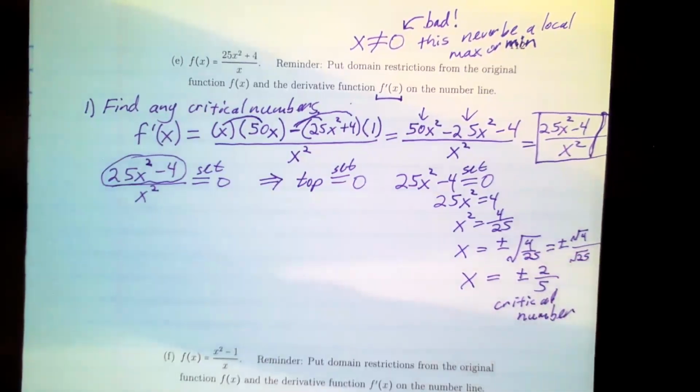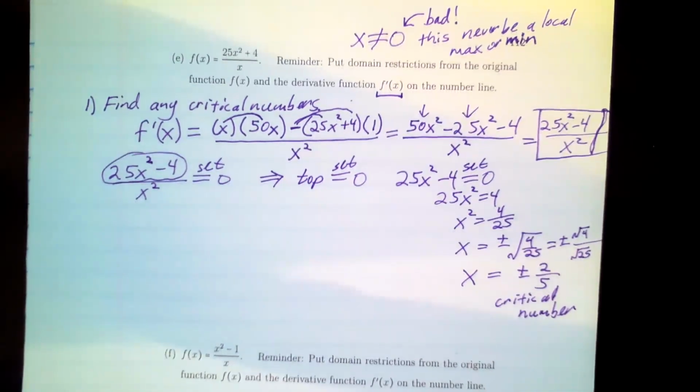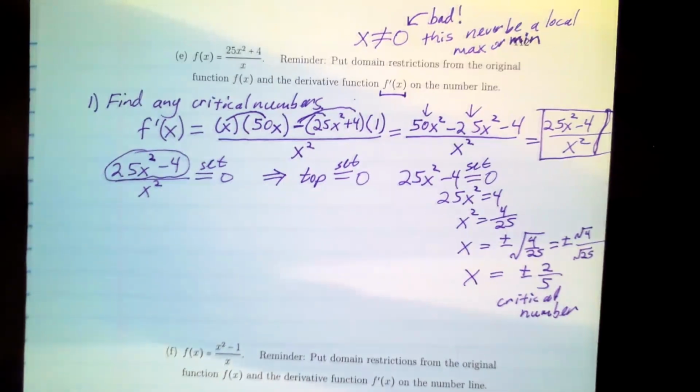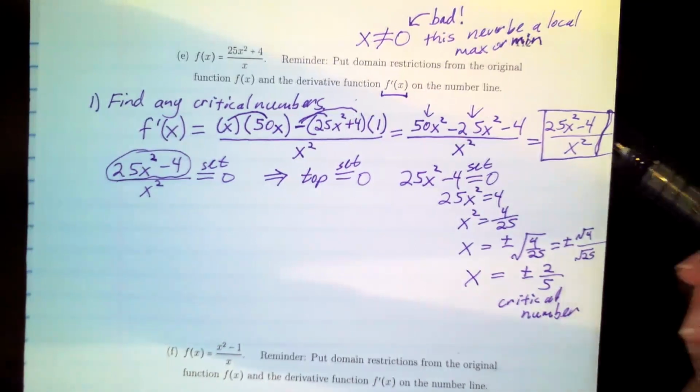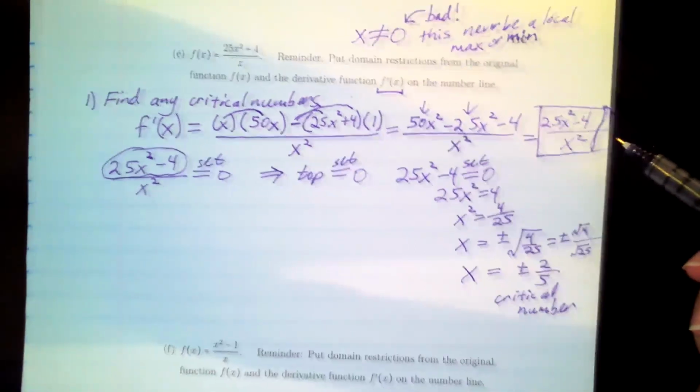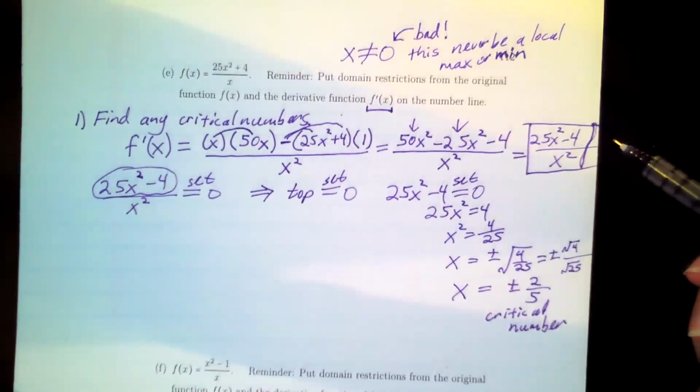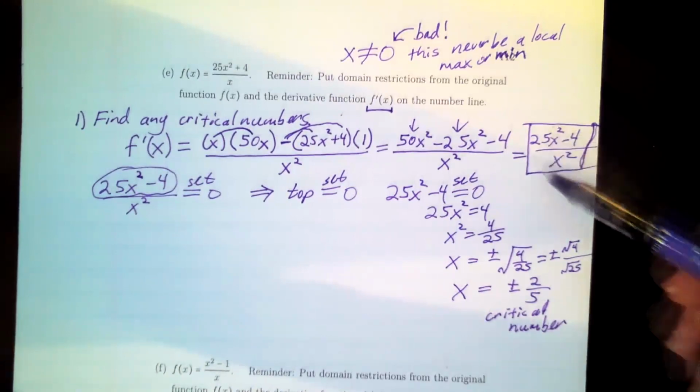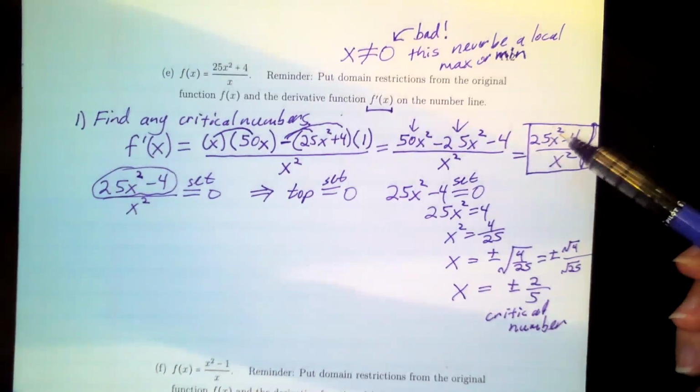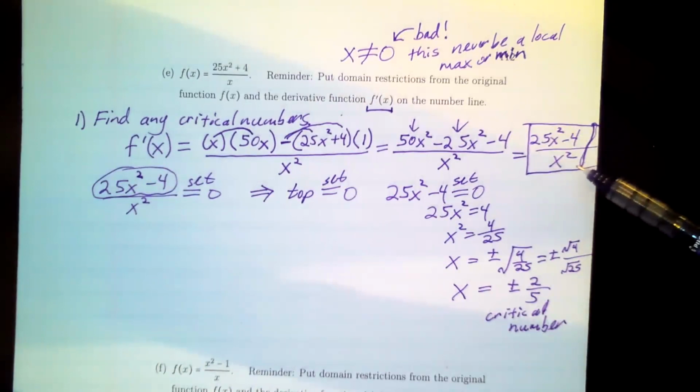That takes care of the first part. The second part that I mentioned earlier is that I have to ask myself, are there any new domain restrictions of my derivative that the original didn't have? So when I look at my derivative function, there it is. If you ask yourself again, what would be a bad x value to try to plug in? Well, it would be 0, because you can't have the bottom being 0.